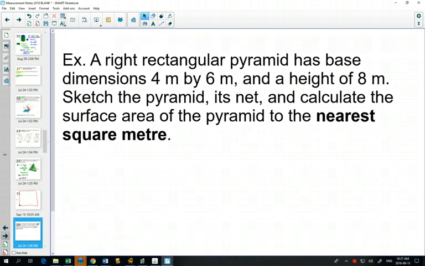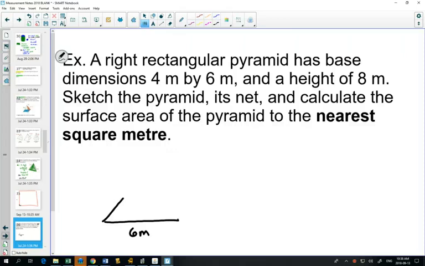How do you draw a rectangle if you imagine it laid flat on a table? So we'll start with the base that's 4 meters by 6 meters. We choose one line. I'm going to choose my 6 meters to go there. And then laying that rectangle flat in 3 dimensions, can you imagine that still being a rectangle but laying flat on a table?